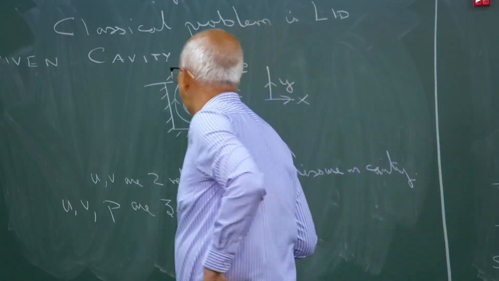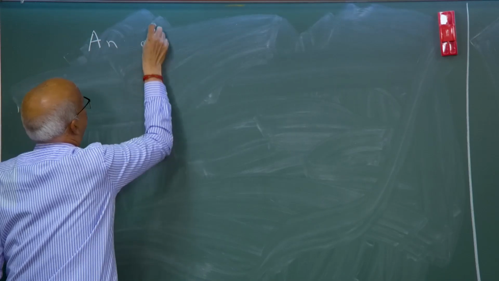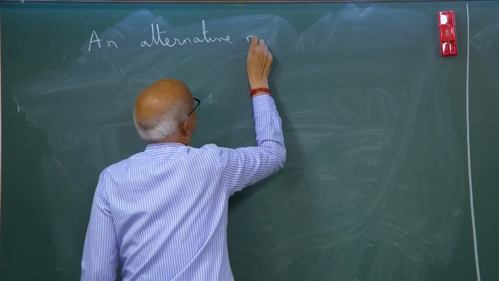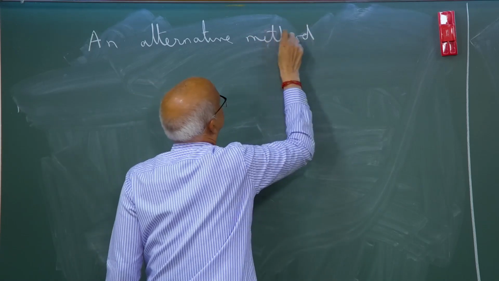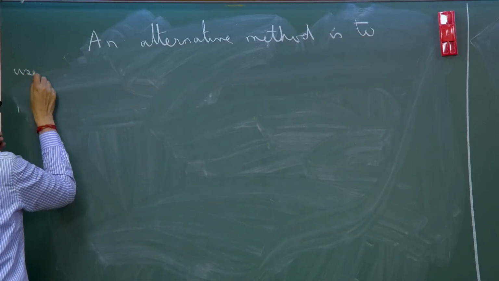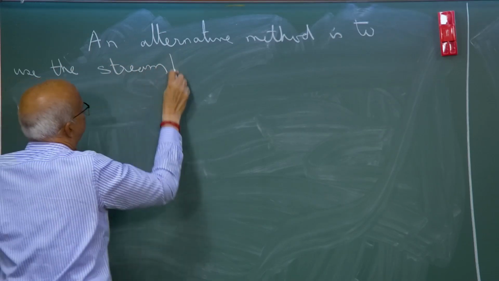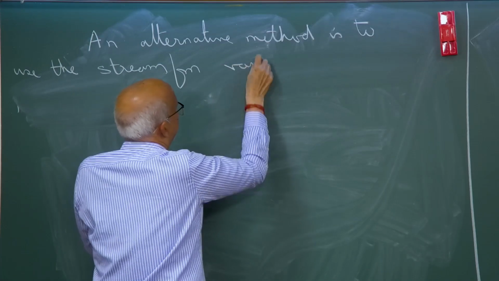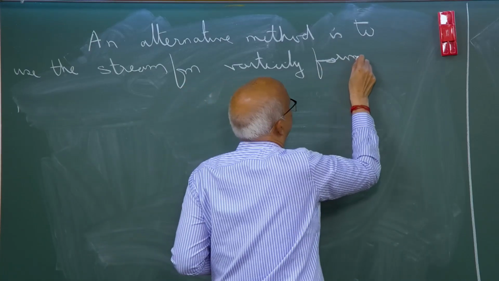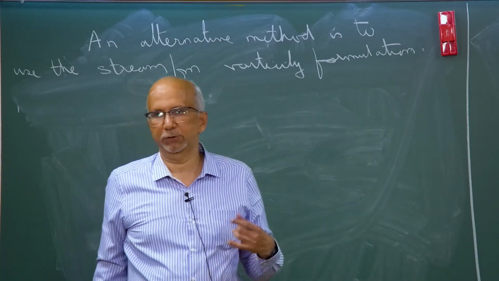So, to avoid this kind of a thing, an alternative method is to use the stream function vorticity formulation, okay, and that is what we are going to discuss.